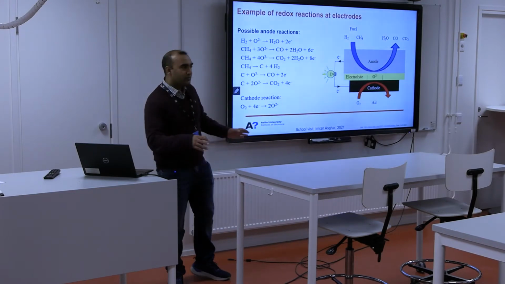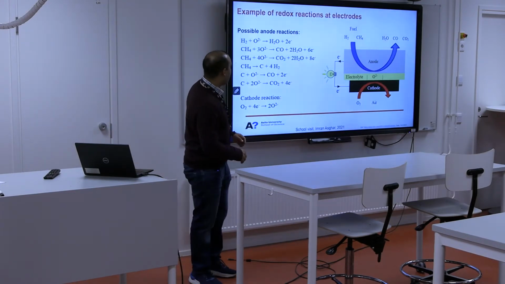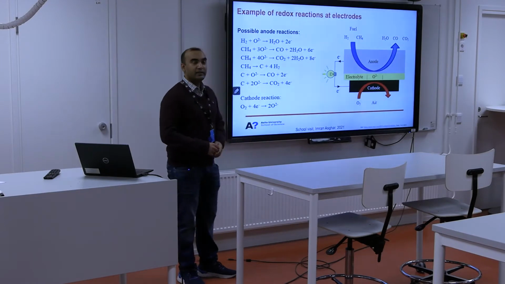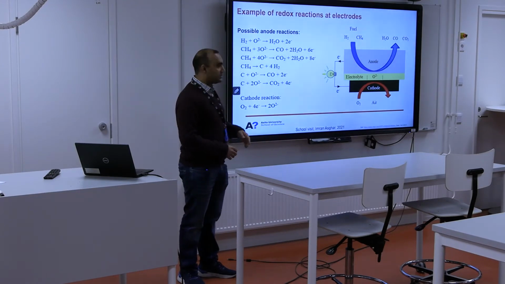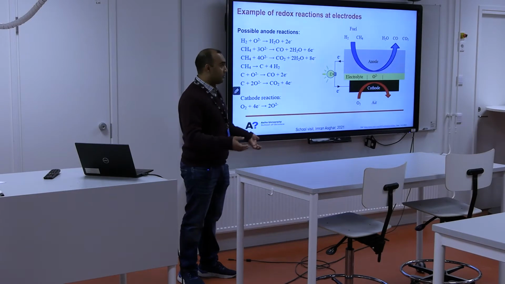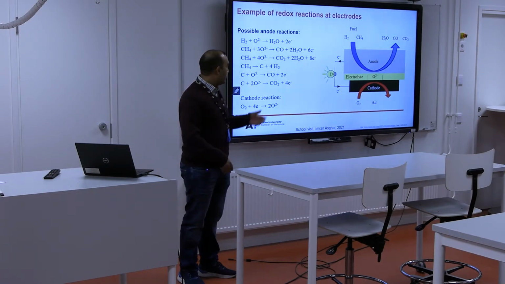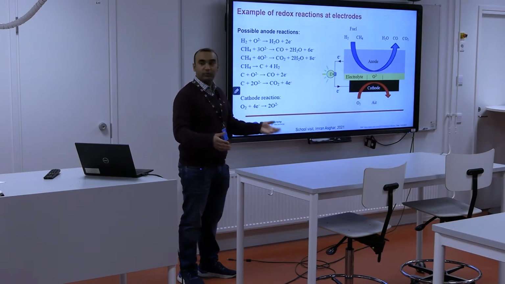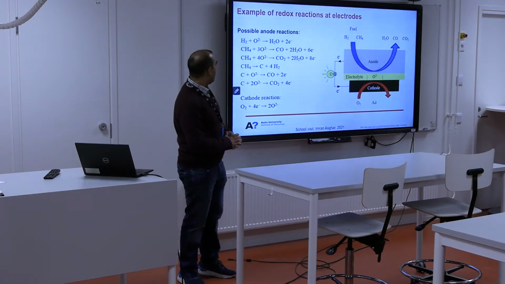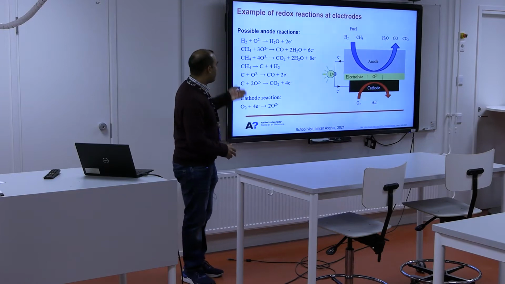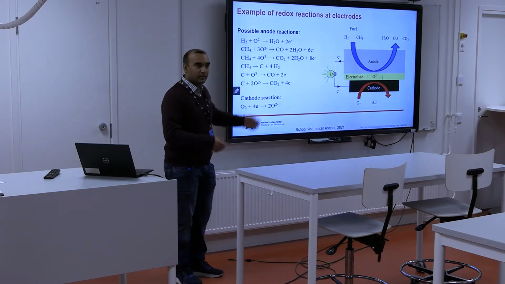And yeah, here are some possible reactions. As I said, in these high temperature solid oxide fuel cells, you can supply different types of fuels, so you are not limited to only hydrogen. You can supply natural gas, syngas. There are so many possibilities. For hydrogen, it's simple, as I explained in the previous slide.